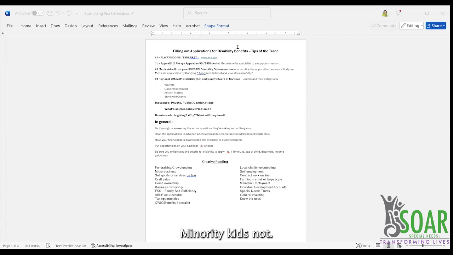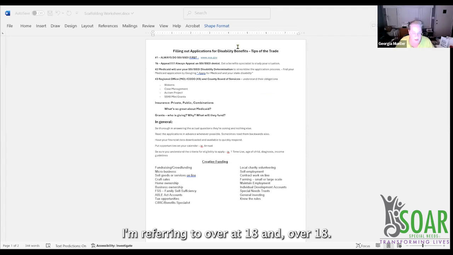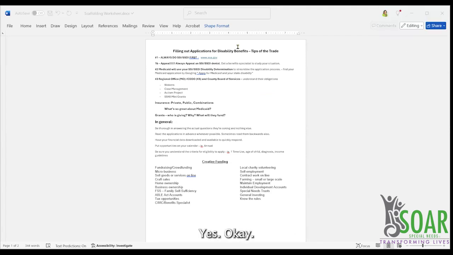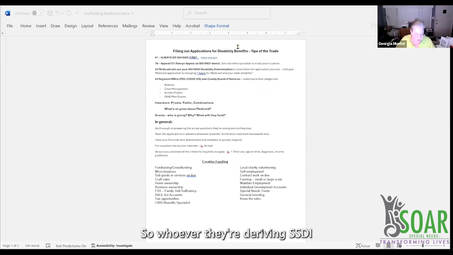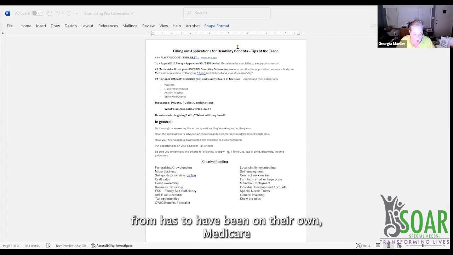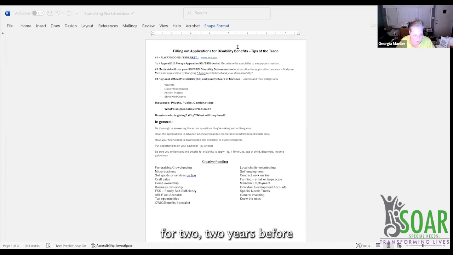Minor age kids do not. I'm referring to over 18 and up. Over 18, and they also have SSDI? Yes. Okay, whoever they're deriving SSDI from has to have been on their own Medicare for two years before they can get their Medicare, first of all.